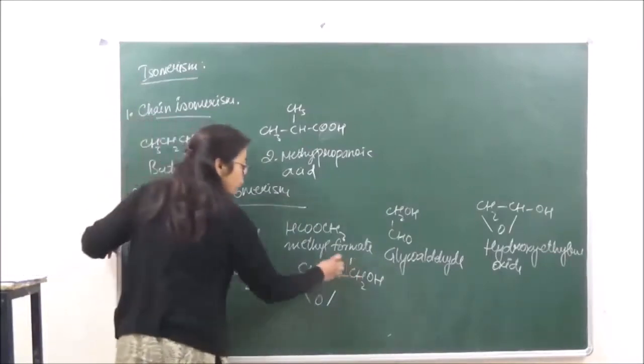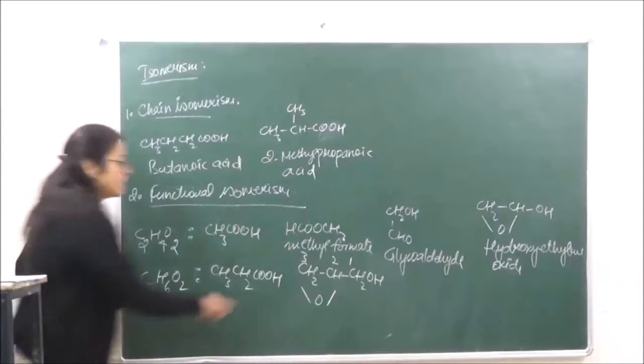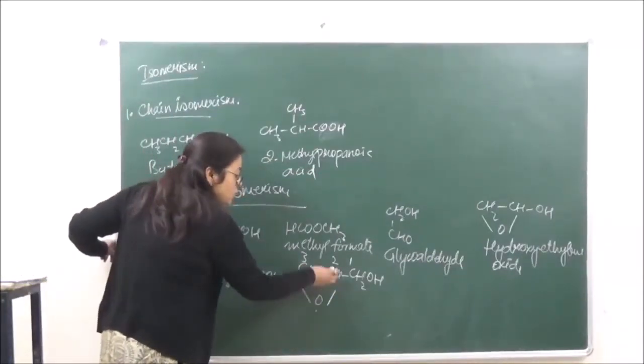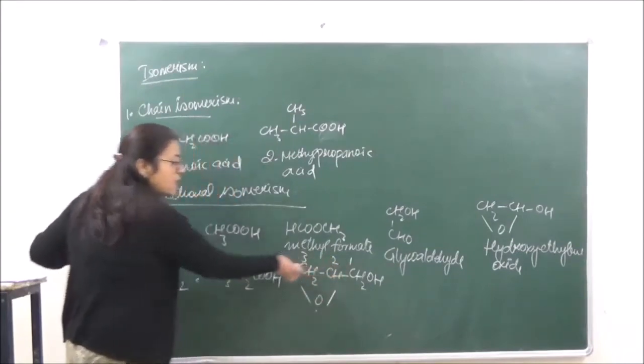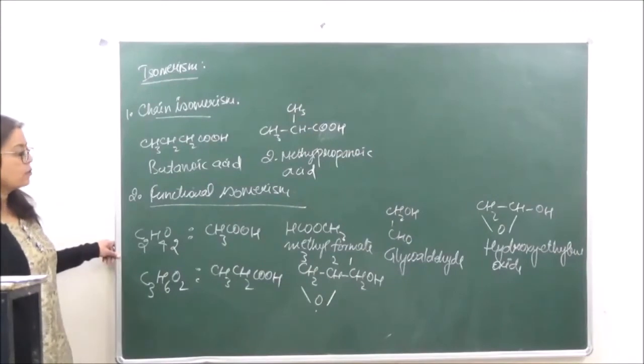This is how you number the carbon atoms. So it is 2,3, with an epoxy group present at the second and the third carbon. Okay? So this is 2,3-epoxy-propane-1-ol. This is how you name it.